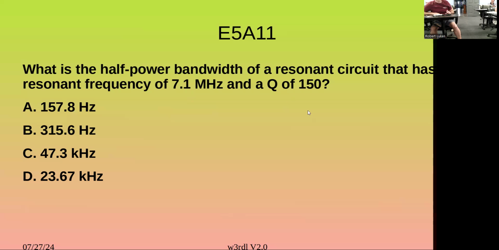So if I just did a quick approximation, if I divided 7.1 by 100, that's going to be what, 71 kilohertz.